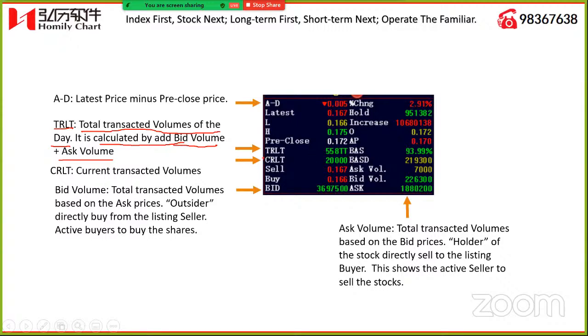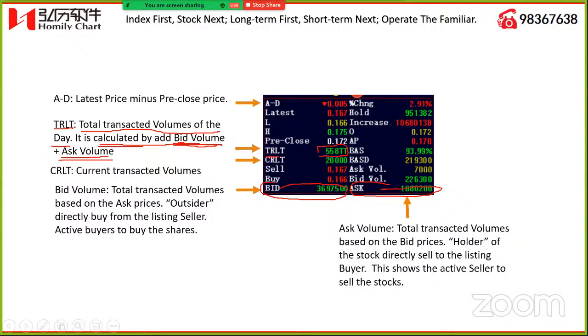That means as of the time, how many shares have been transacted. It can be calculated by adding the bid volume and the ask volume. The bid volume is here, and the ask volume is here.